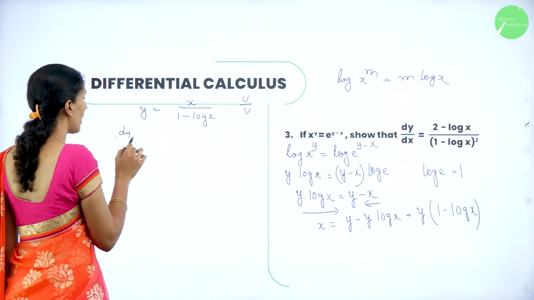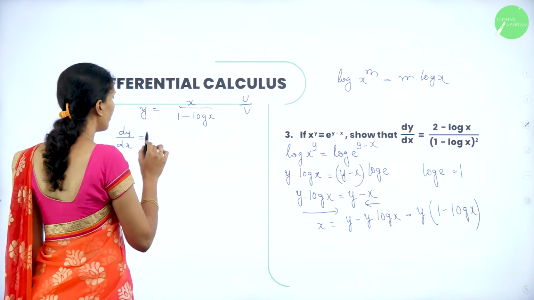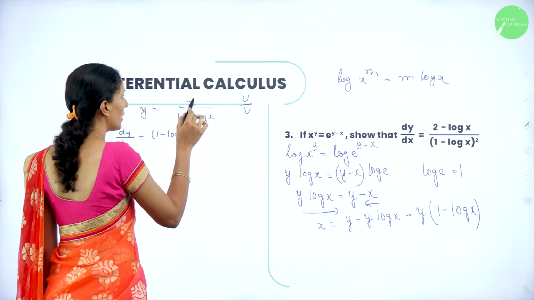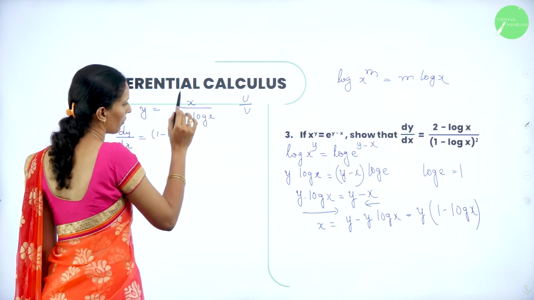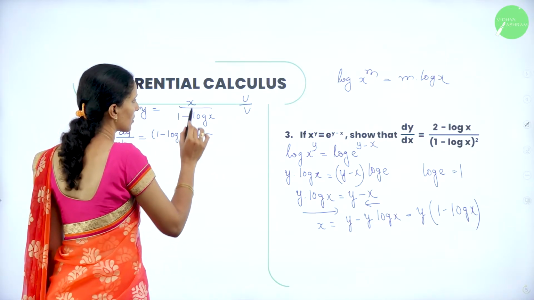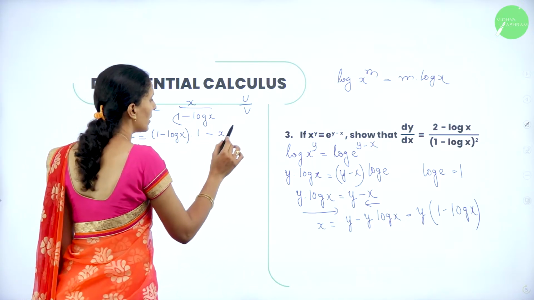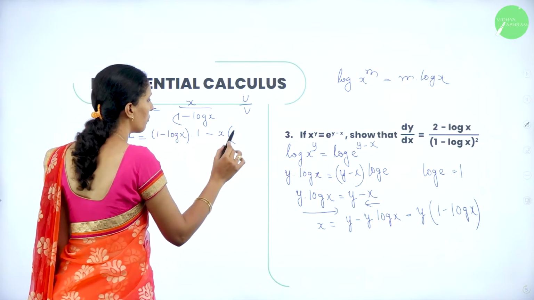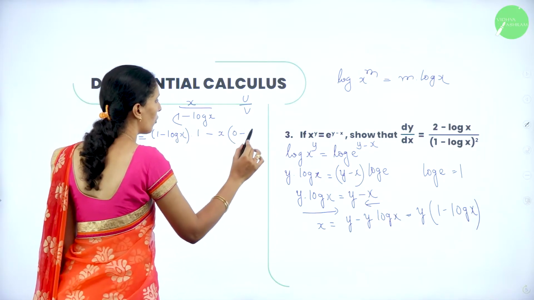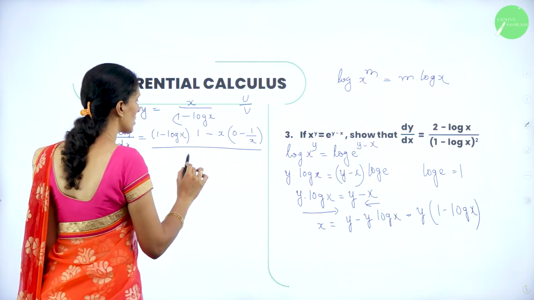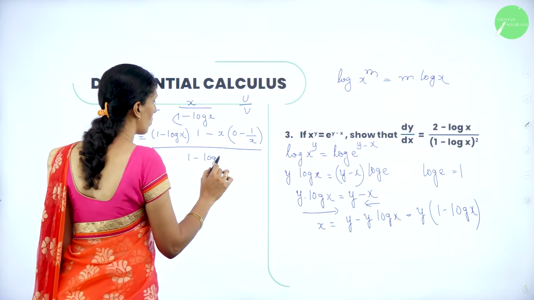This becomes dy by dx. v is 1 minus log x into derivative of u. What is the derivative of x? It is 1, minus u into derivative of v. So what is the derivative of v? Derivative of 1 is 0 and derivative of log x is 1 by x, whole divided by v square, which is nothing but 1 minus log x whole square.